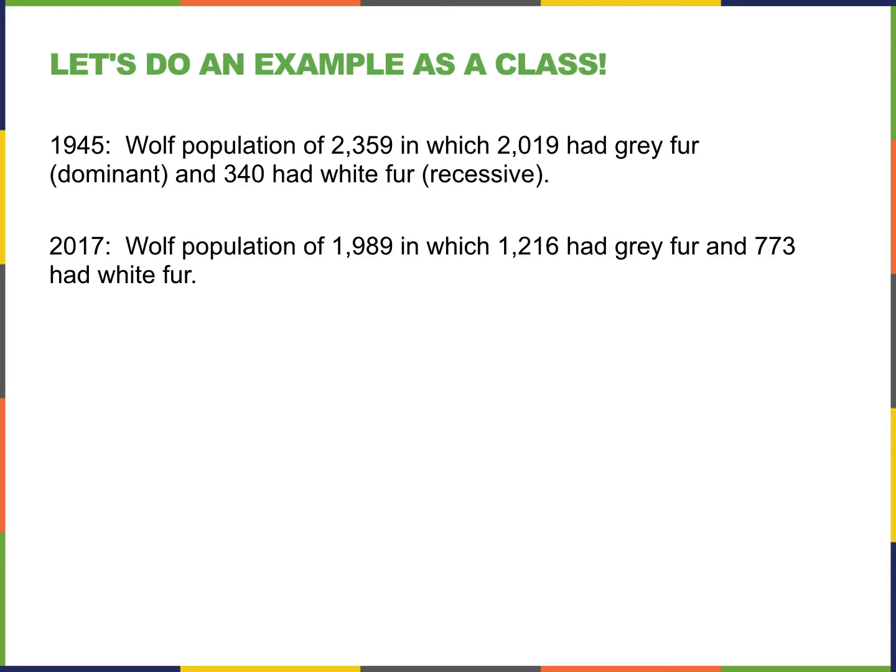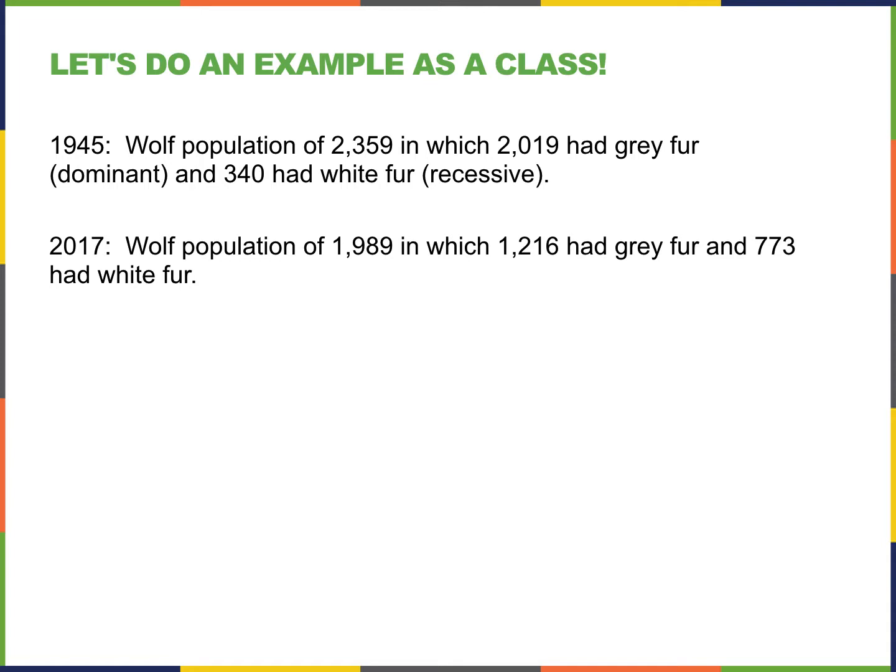So for this problem, remember that p plus q equals 1, p squared plus 2pq plus q squared equals 1. You always solve with the recessive, so you would say 340 divided by 2,359. That gives you a frequency of 14%, and that's just q squared.